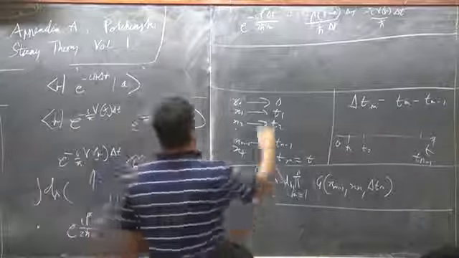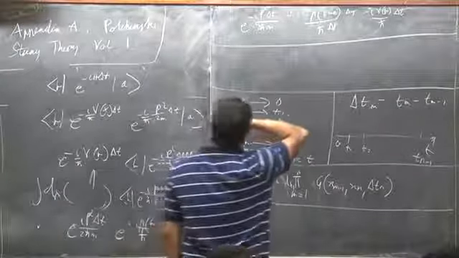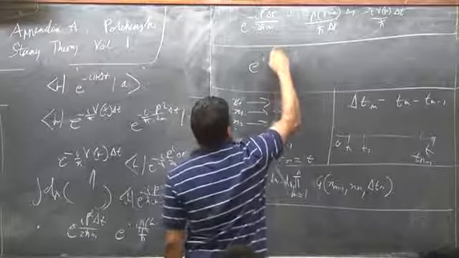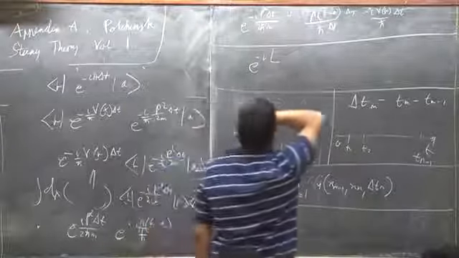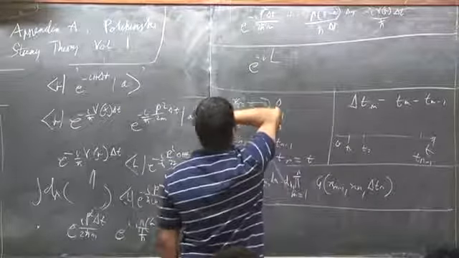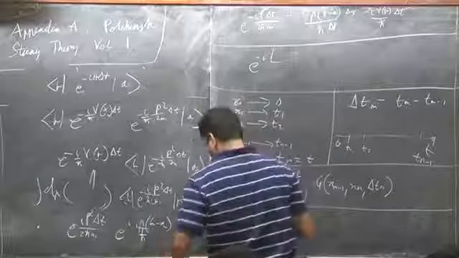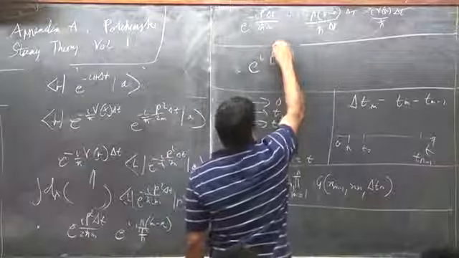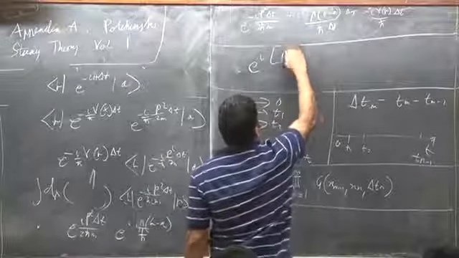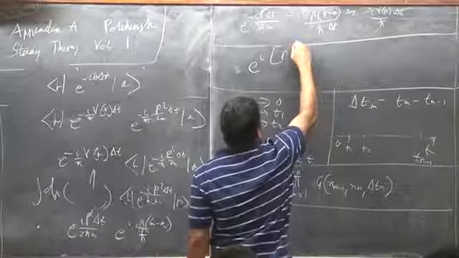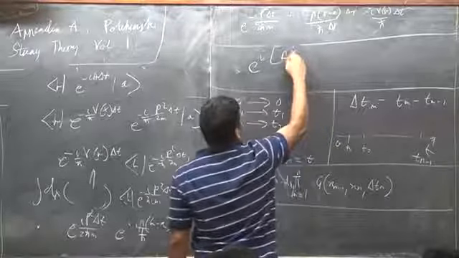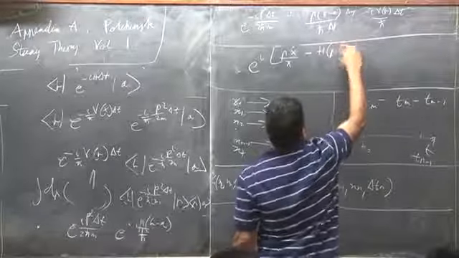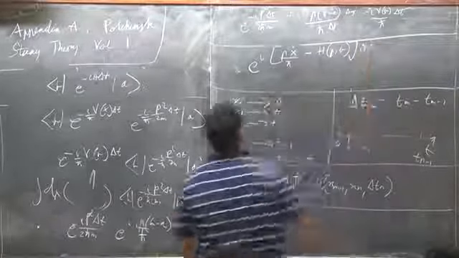Okay, and now this can be written in a pretty suggestive form. This is simply equal to e to the power i times p x dot by h bar minus H of p and b times delta t.